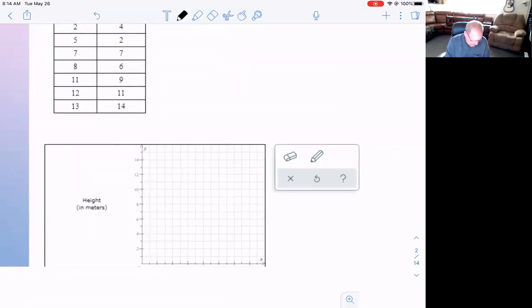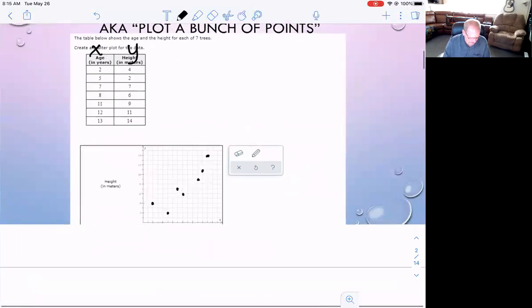So 2, 4, 5, 2, 7, 7, 8, 6, 11, 9, 12, 11, 13, 14. Okay, so there is how you create a scatter plot.